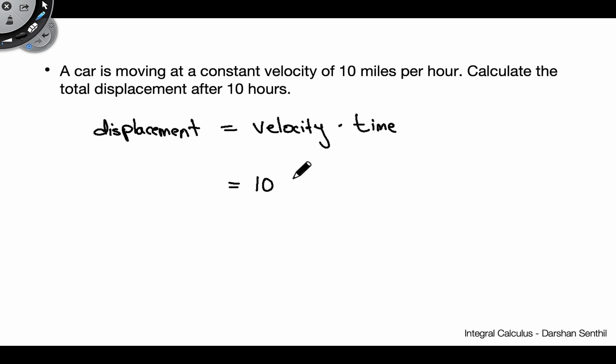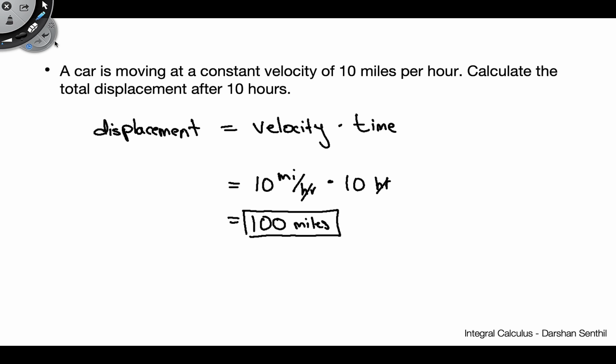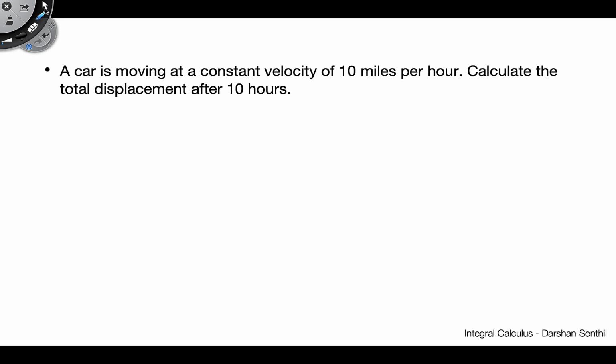So we have 10 miles per hour times 10 hours. The hours cancel out, so all we're really left with is a total of 100 miles. Right? Nothing complicated here, just multiplication. Let's do another example.